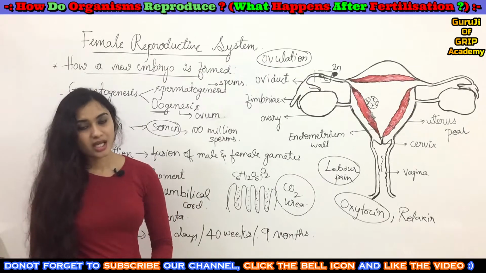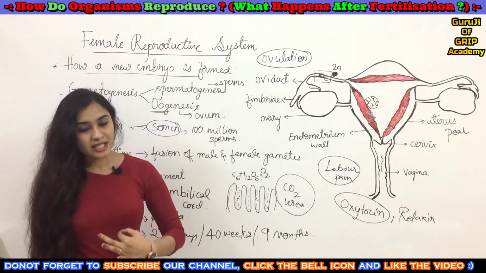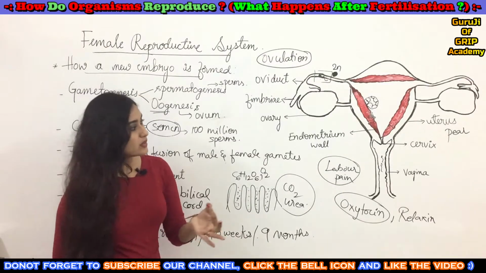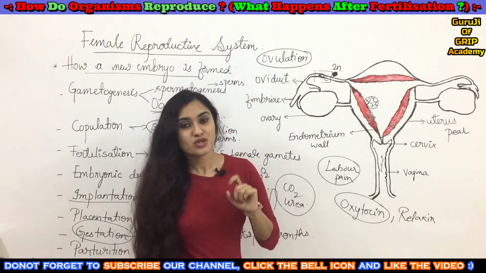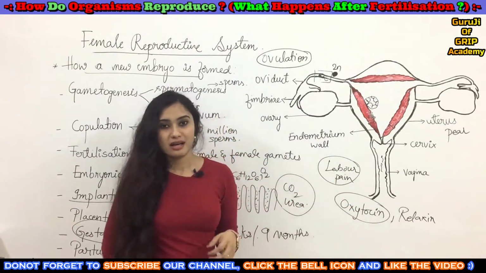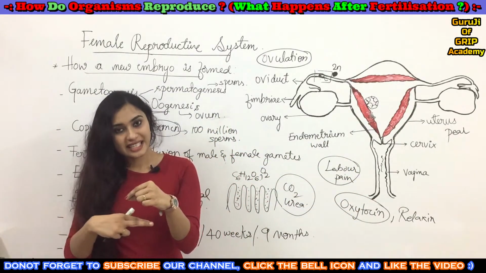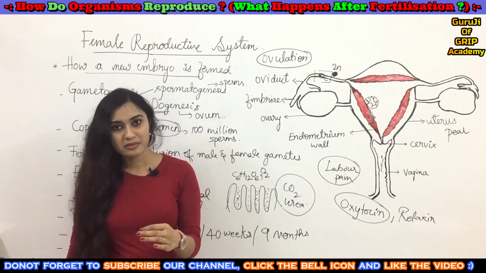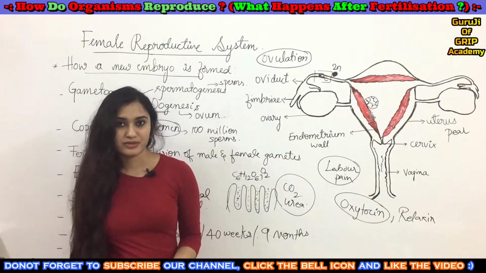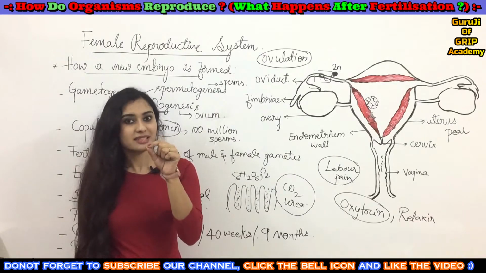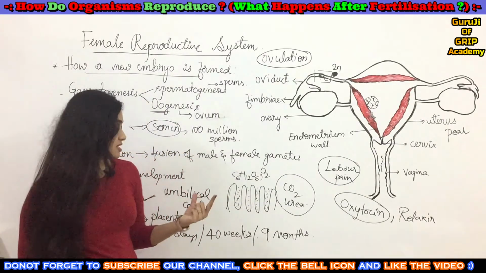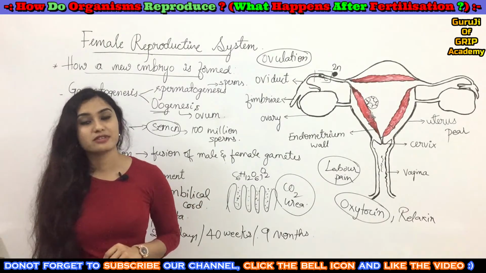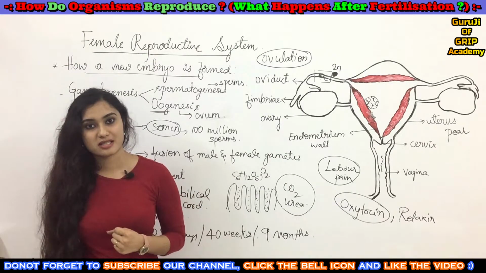So the umbilical cord serves as a link between the growing baby and the placenta. Once the child is born, they cut that link, and after some days it dries up and falls off. So that navel indicates the presence of the umbilical cord when we were in the embryonic stage.